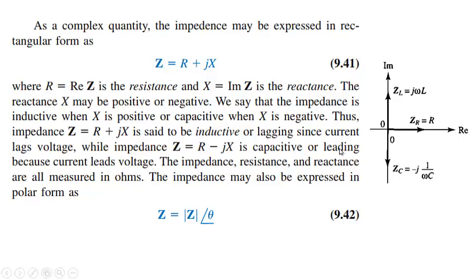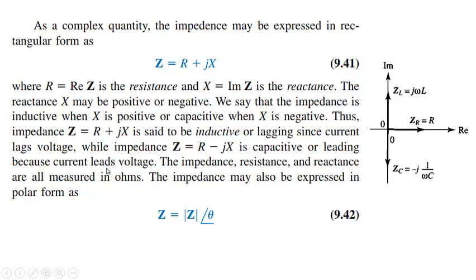Earlier I told you that in case of pure inductance, current will lag the voltage by 90 degrees, but here, because of the presence of R, the angle will be slightly less than 90 degrees. Same is the case here. In the pure capacitance case, the current leads the voltage by 90 degrees, but because of the presence of R, the angle will be slightly less as compared to 90 degrees.